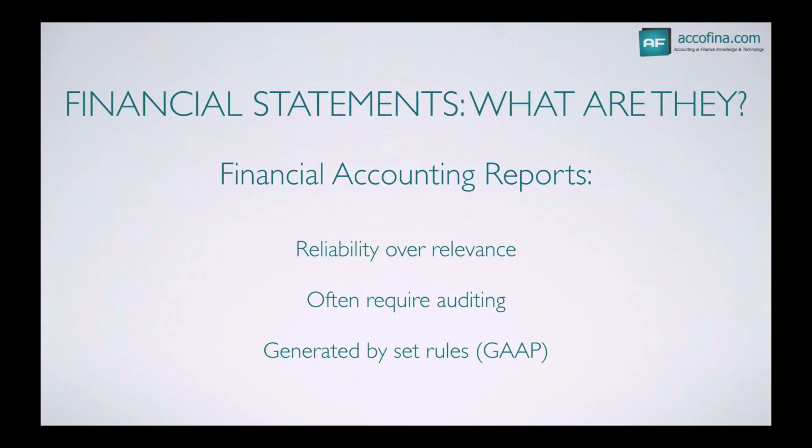And they are generated by a set of specific rules, or GAAP, Generally Accepted Accounting Principles. GAAP is a term given to respective rules in particular countries. So there's USA GAAP, or UK GAAP, or in my case, Australian GAAP. Although you will find that there's an international harmonization of these particular rules.